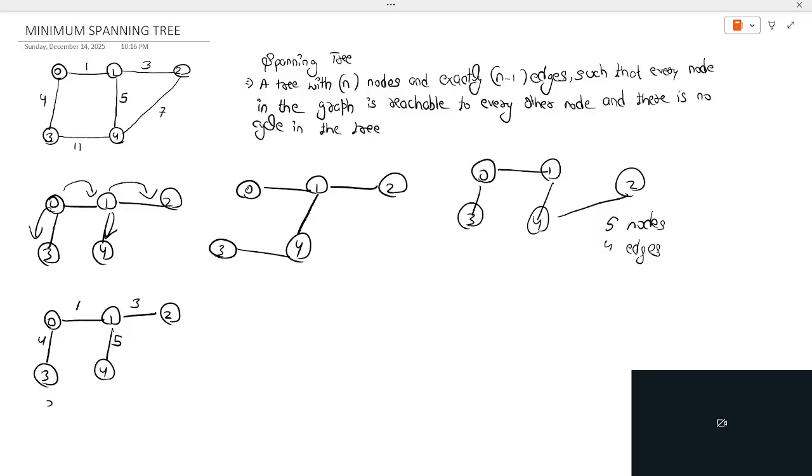So the sum of edge weights in the spanning tree is 1 plus 3 plus 4 plus 5. 3 plus 4, 4 plus 4, 8 plus 5, 13.